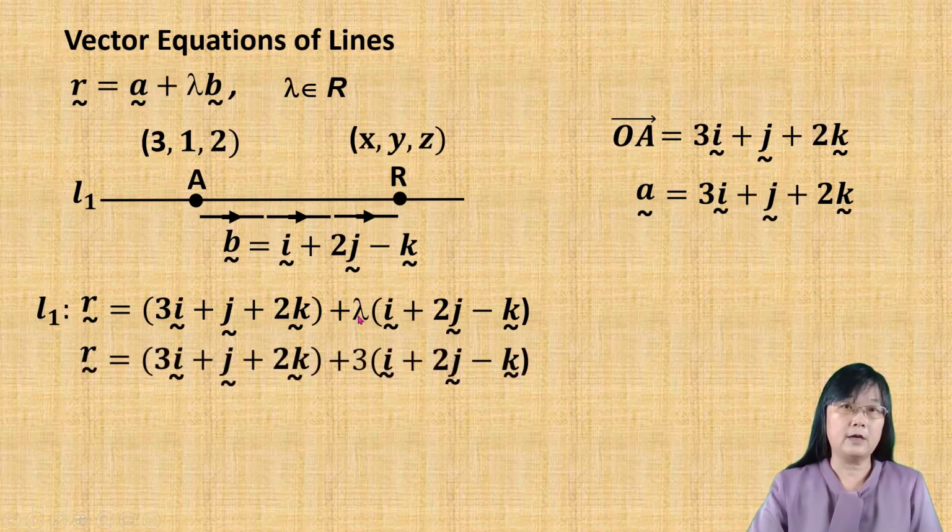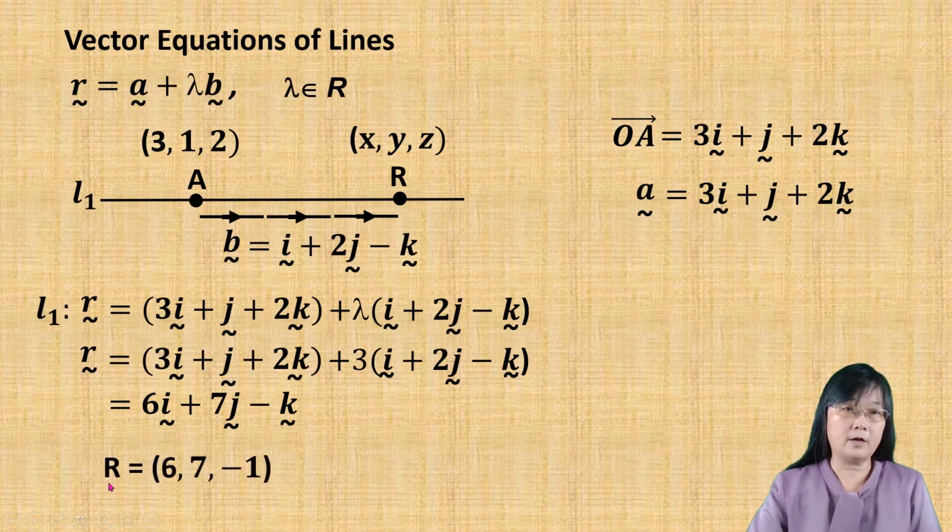So now lambda is equal to positive 3. When I simplify, I get 6i plus 7j minus k. So this is the position vector of the point r. From the position vector, now I can get the coordinates of point r. They are 6, 7, and -1.